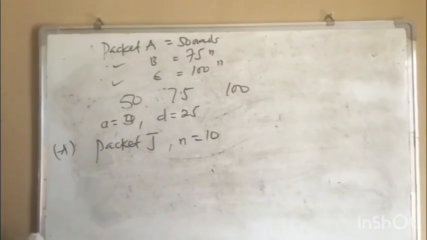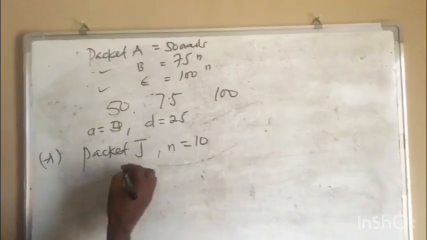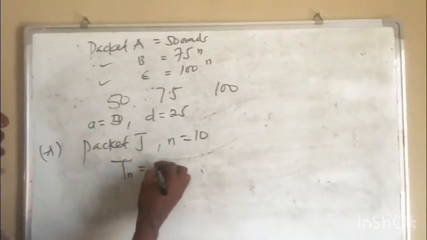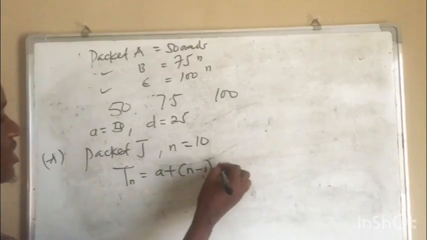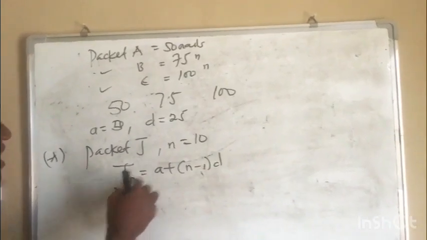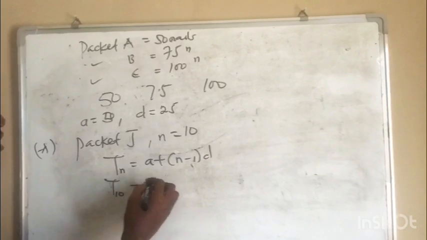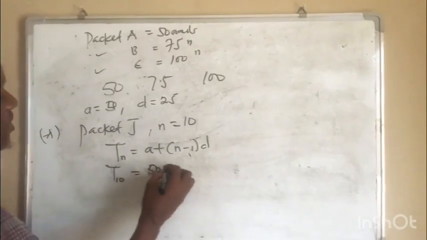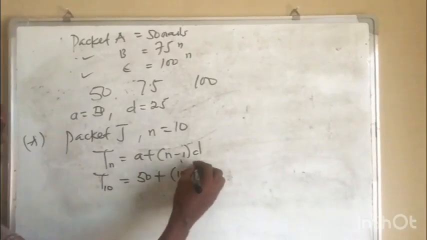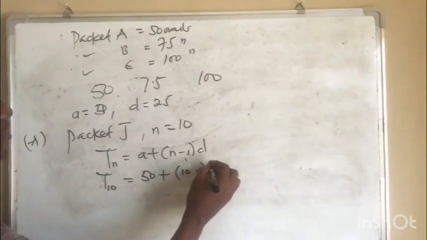So to know the number of names in packet J, it's Tn equals a plus bracket n minus 1 d. That means T10 equals, what's my a? 50 plus bracket 10 minus 1 times 25.